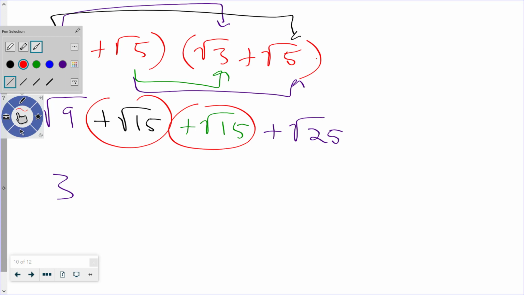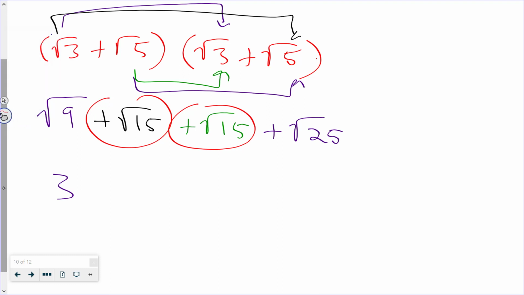What's the rule? Remember the rule? Radical 15 plus radical 15, what is that? 2 radical 15. Can you explain why? Exactly.